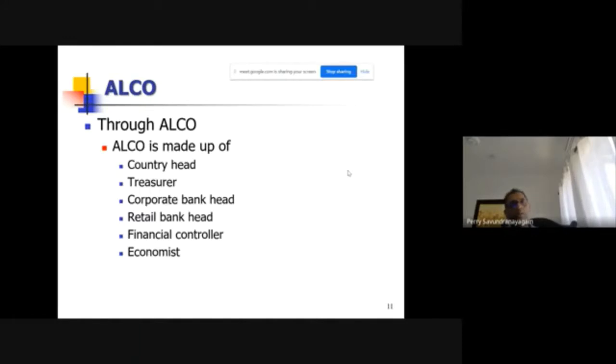Also, I think this doesn't mention it, you will have the CRO also, the Chief Risk Officer, here as well, because he needs to be there to give a view on where he sees the risk profile.